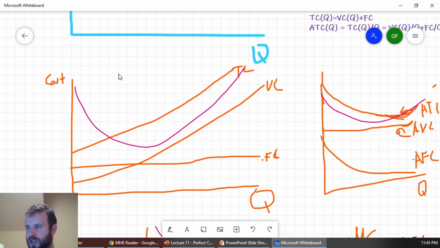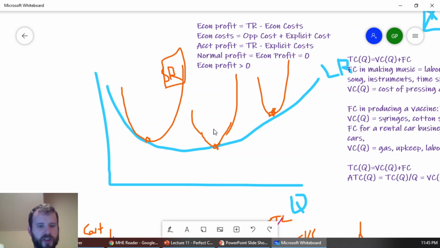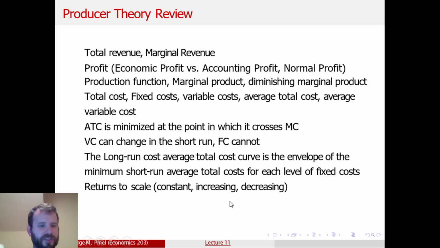Up here, the envelope, I don't know why it's called an envelope, but this is an envelope. The minimums of all your short run average total cost.